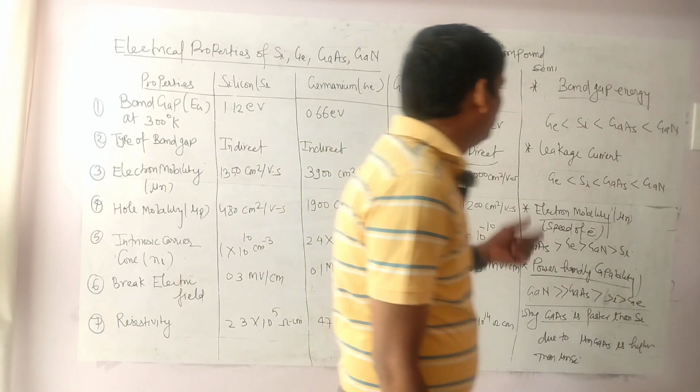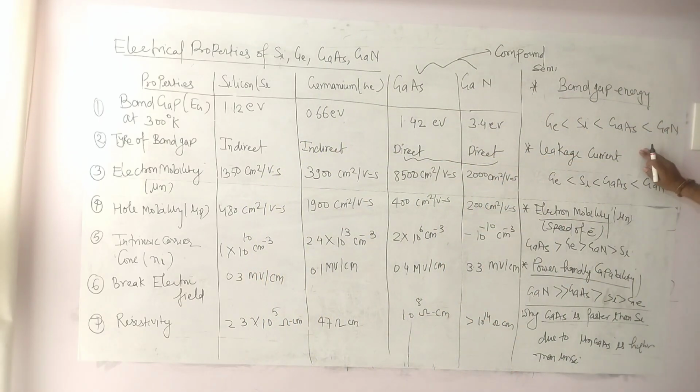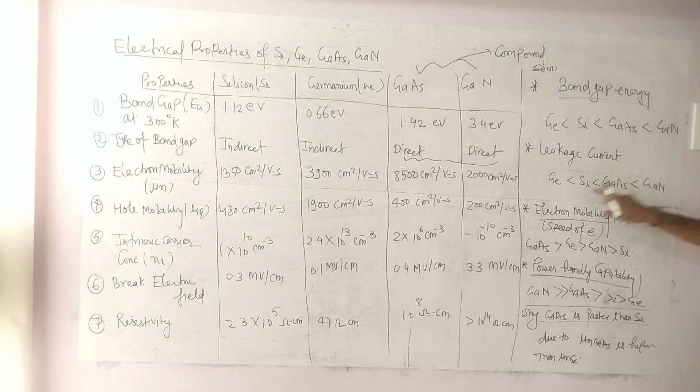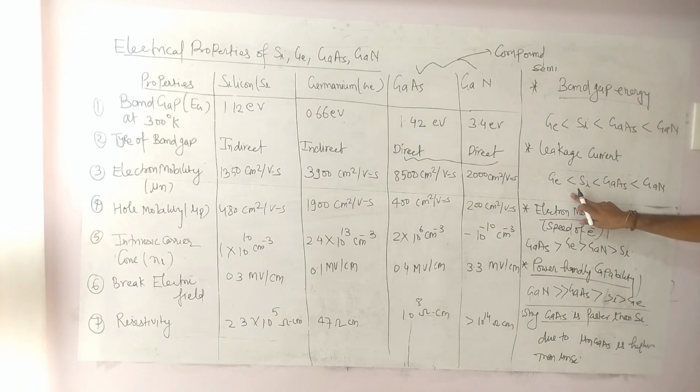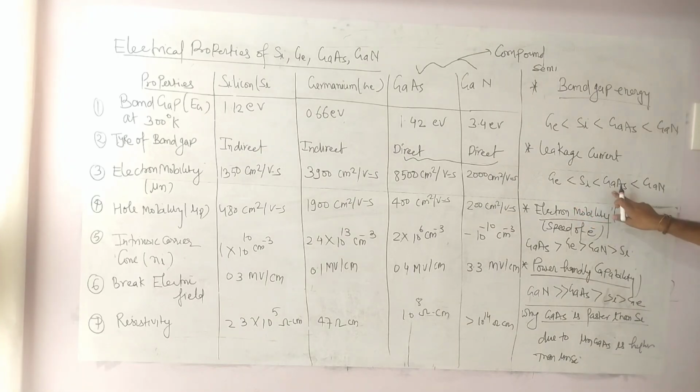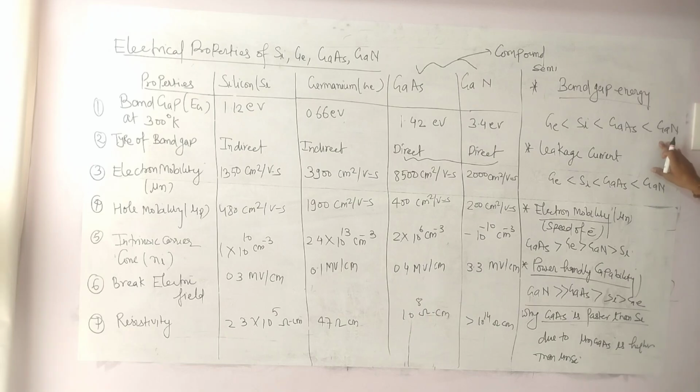So these are a few points. The band gap follows the order: germanium less than silicon, less than gallium arsenide, less than gallium nitride. Leakage current follows the same order.